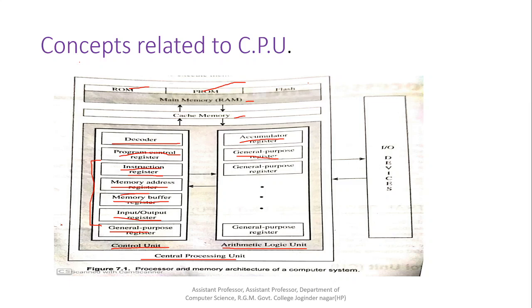For example, the control unit might load two numbers into the ALU registers and then tell the ALU to add them or to check whether they are equal or not equal.